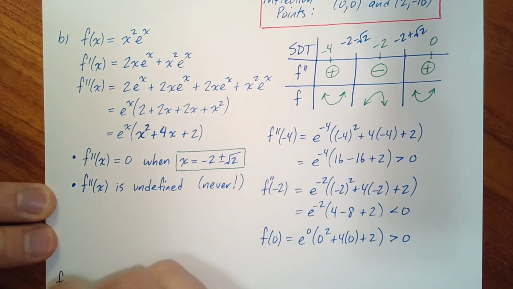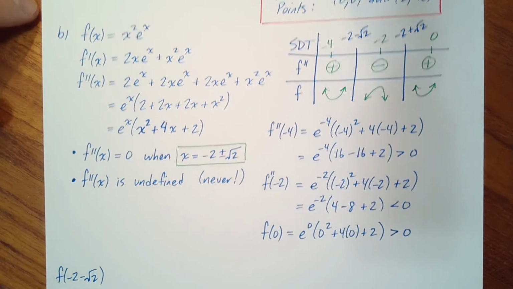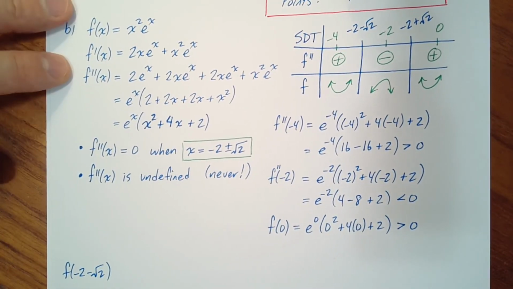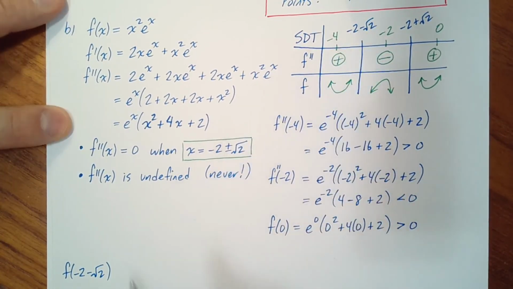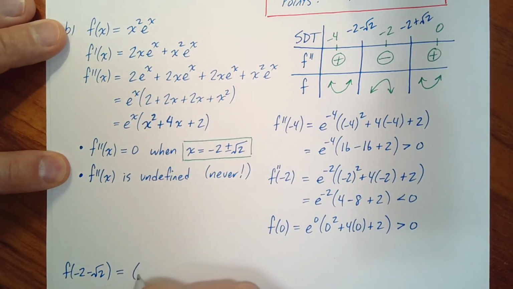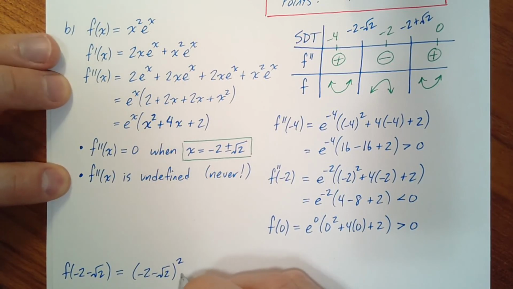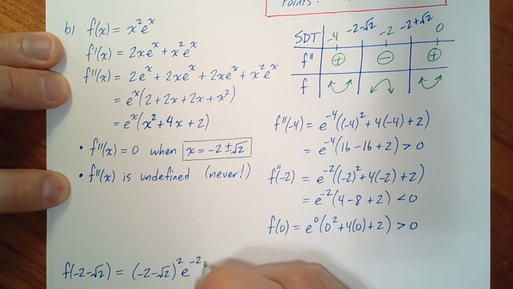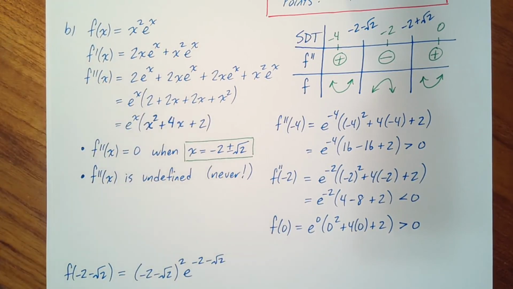So f of negative 2 minus root 2, almost off the screen, I better move it up a bit. So plugging this value into the function, so we're going to get negative 2 minus root 2 squared times e to the negative 2 minus root 2.